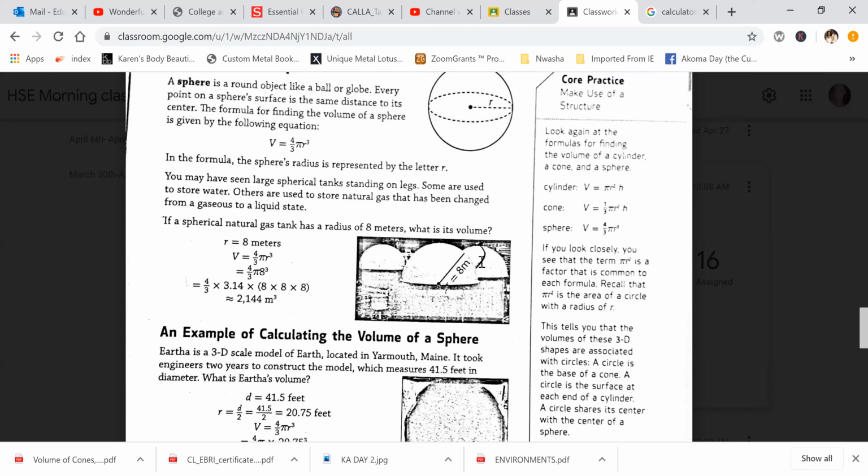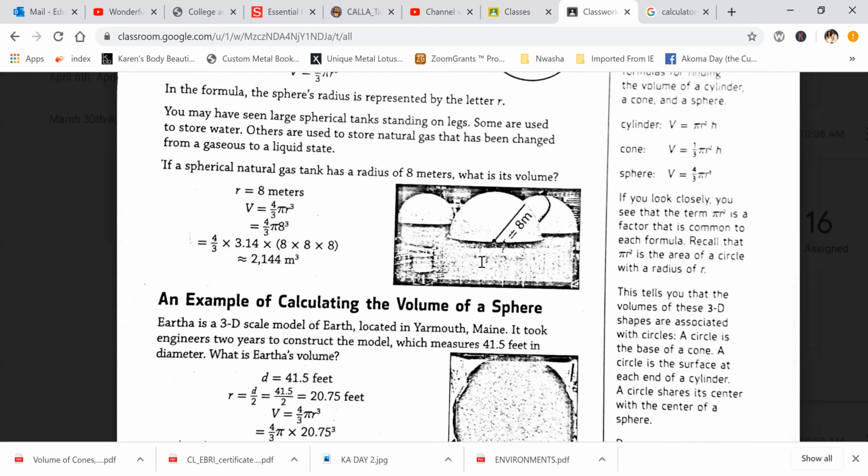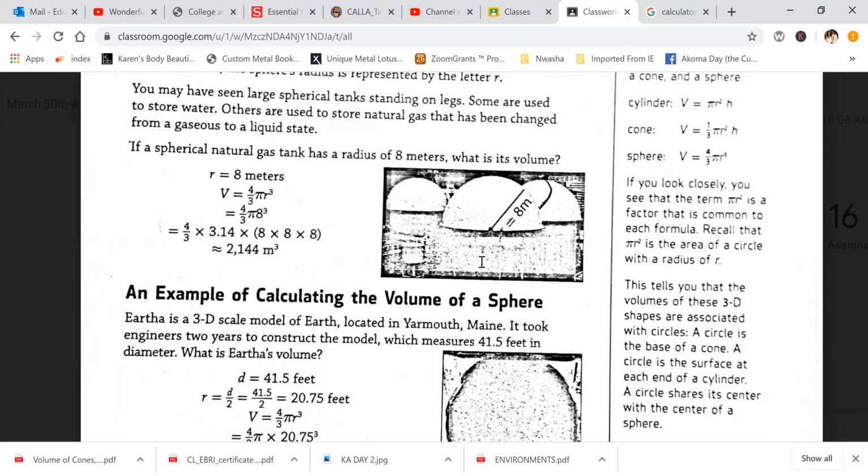Perfect, thanks. So it's not the best picture, but since you've seen them before in real life, you can know what they're talking about. So when you do this formula, you're just translating again. The radius is the 8. So now you're saying 8 times 8 times 8, or 8 cubed.